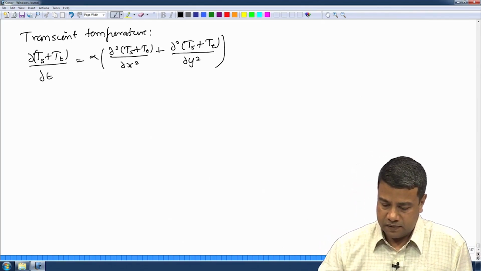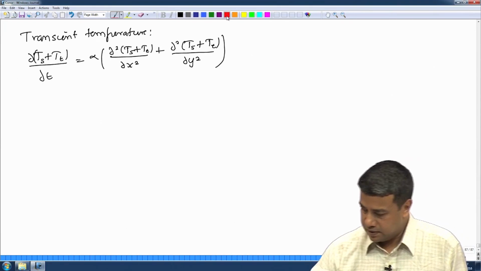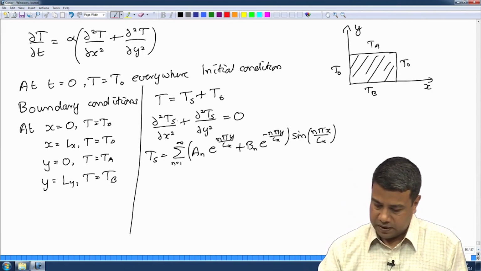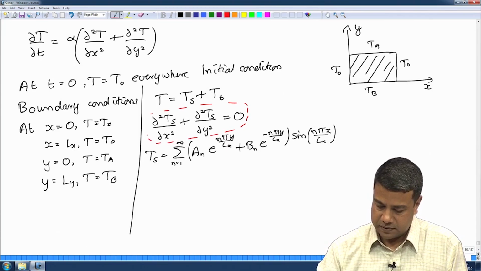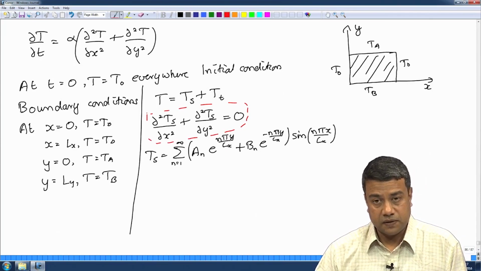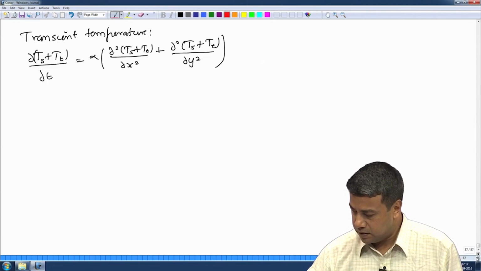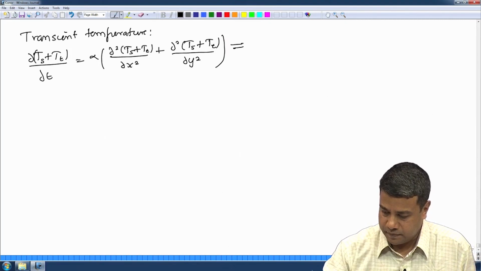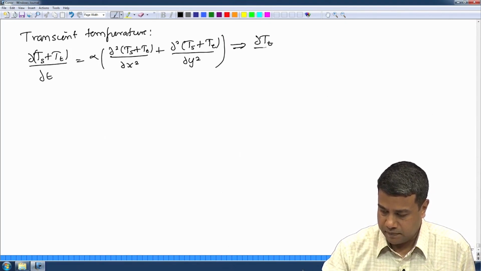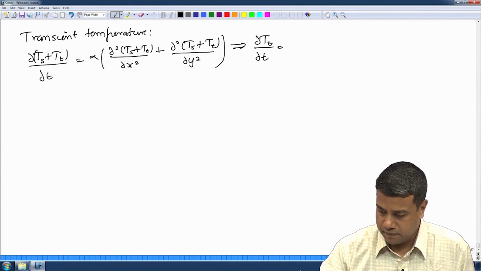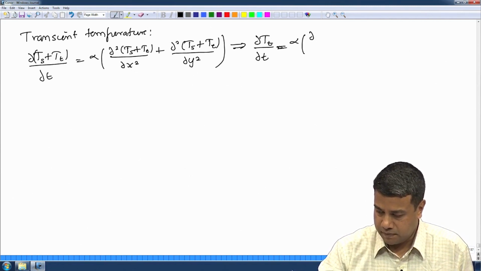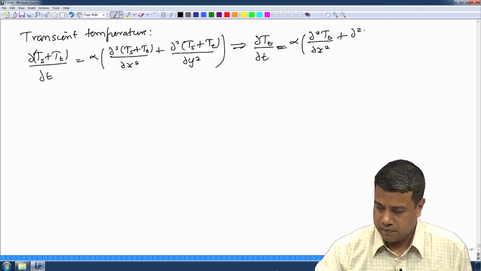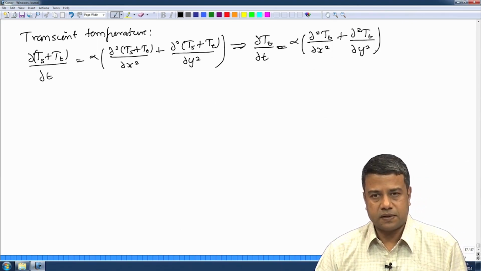For the steady part alone, we have already solved this equation, where this is equal to 0 and the steady part is independent of time. Therefore, the equation for the transient part will end up being the same. So, that is the equation for the transient part.